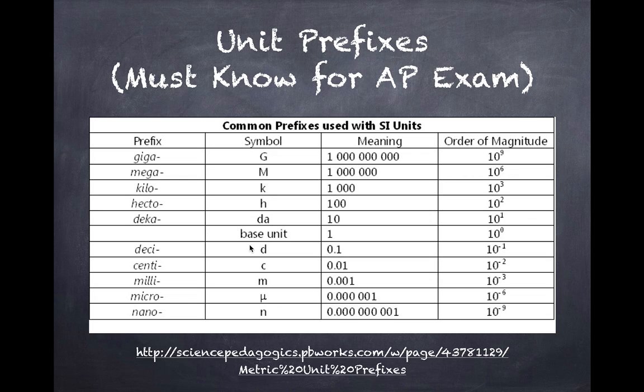But in some problems, they may say that we have 1 milliliter of solution. So we have to convert that milliliter into liters so that we can solve the problem. That's exactly why prefixes are so important to know, because we have to be able to take certain prefix units and convert them into their base units. So we may have to convert kilograms to grams, or centimeters to meters.